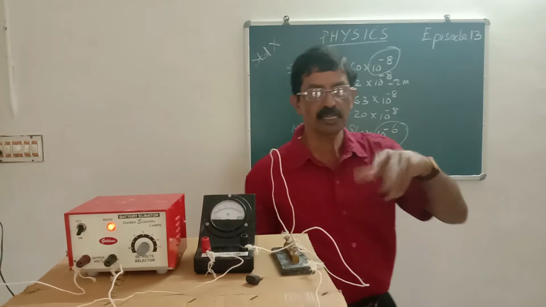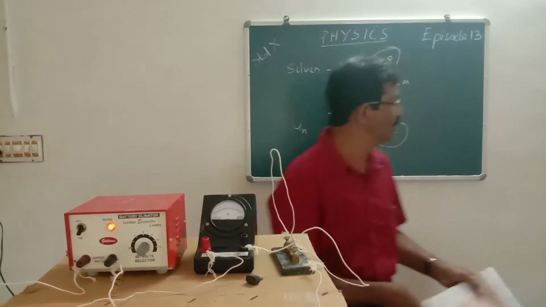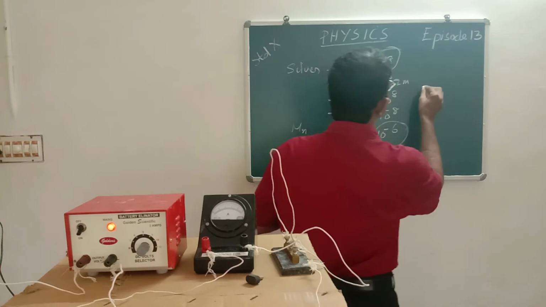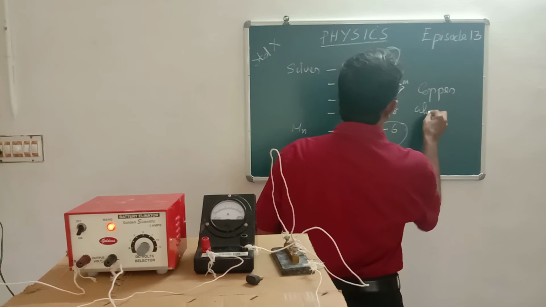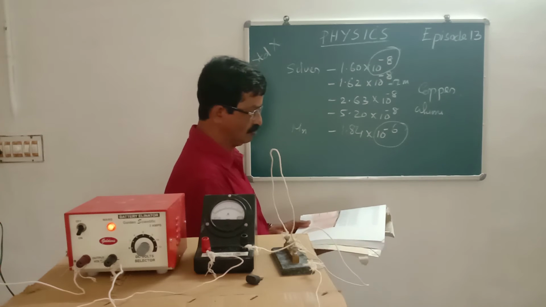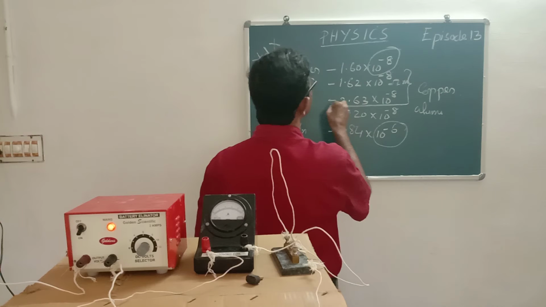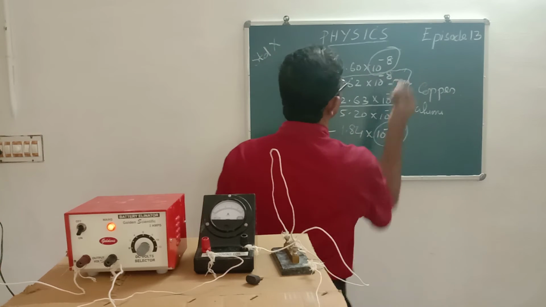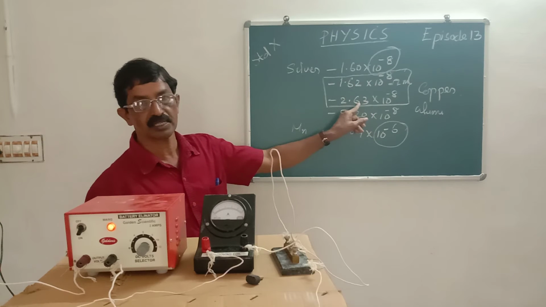But for making electrical wire and others, we use copper and aluminum. What is the resistivity of copper and aluminum?